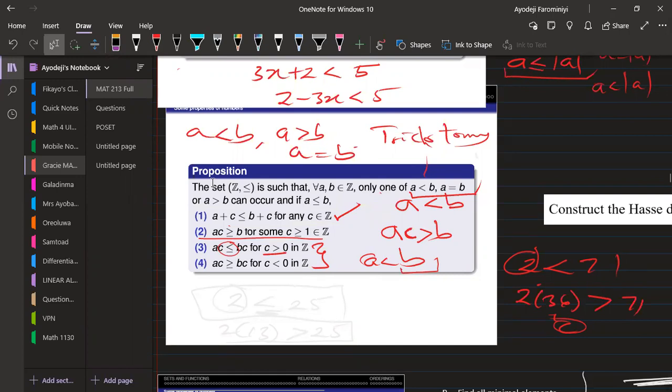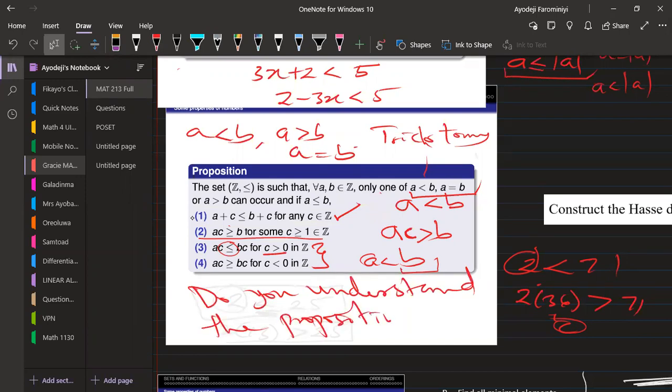Does it make sense to you? Do you understand the proposition?